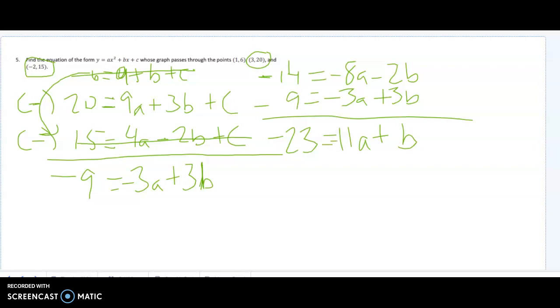So if I move this to the other side, I have to add it. So b equals 11a minus 23. I swapped it here, that's fine.